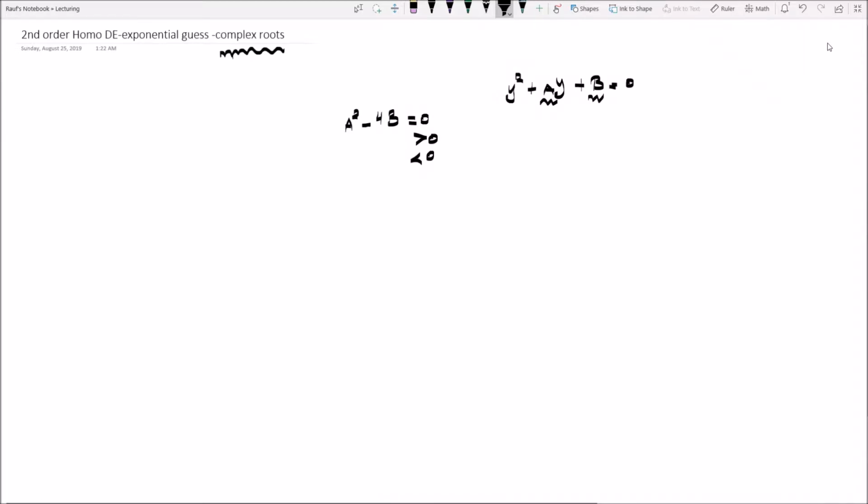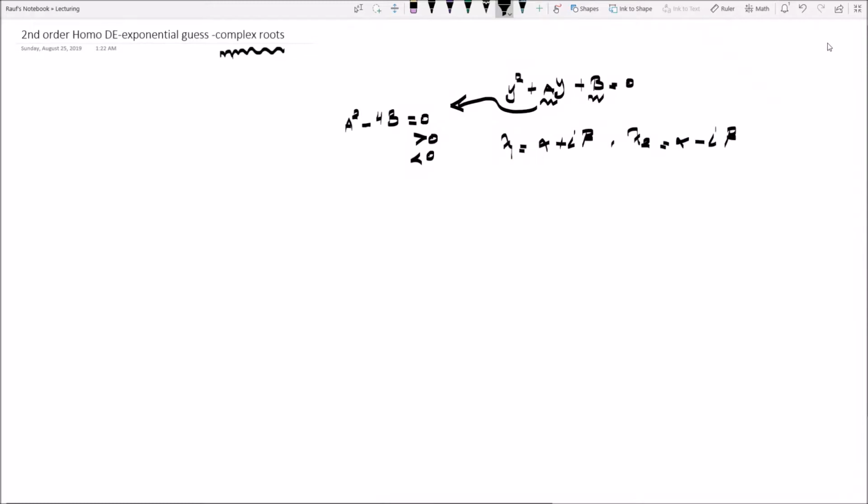Now you plug your values of a and b in here, then you can decide what you have. If you have complex roots, then most likely you will have your roots in the following form: lambda 1 would be equal to alpha plus i multiplied by beta, and lambda 2 will be alpha minus i multiplied by beta.